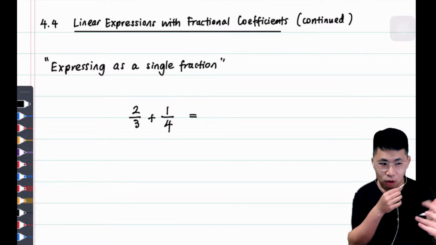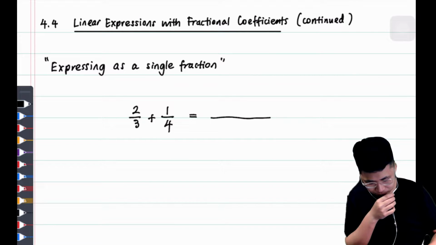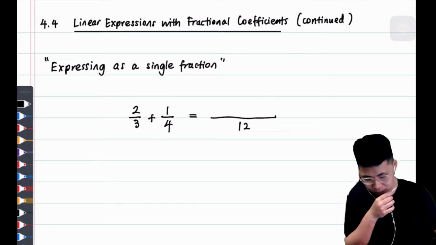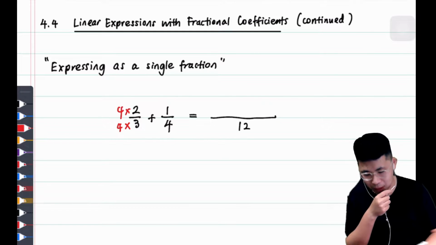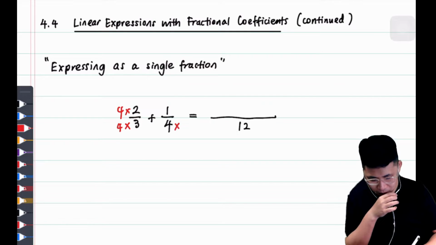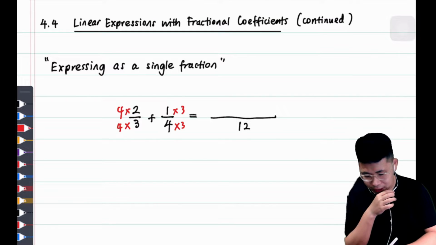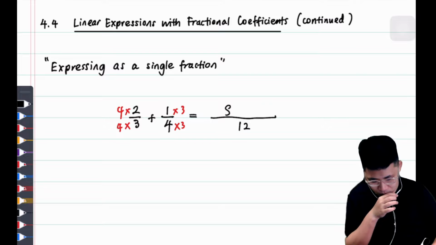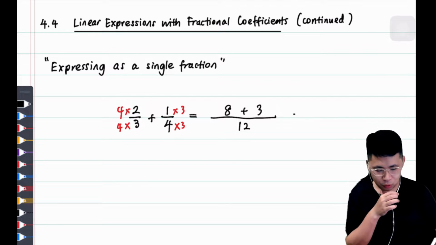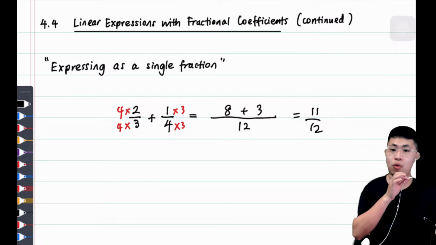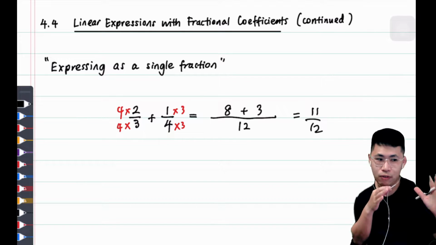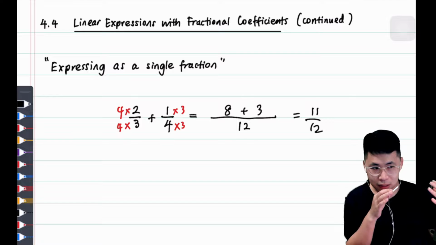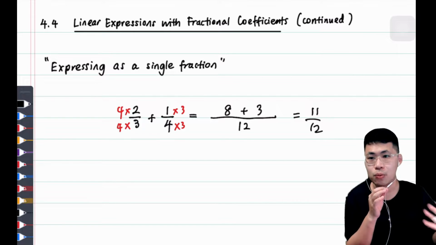So 3 and 4 will become 12. So over here multiply by 4, and the other fraction multiply by 3. On top we have 4 times 2 and 1 times 3. So together it will be 11 over 12. This is the idea that we're going to use to do the same thing for algebraic expressions.